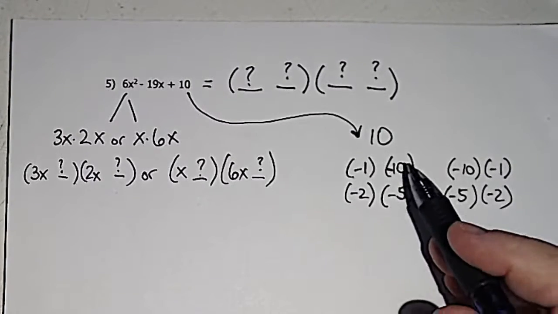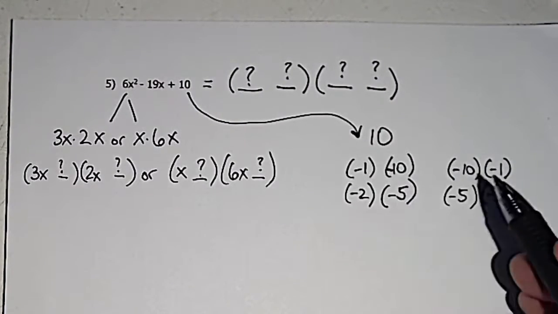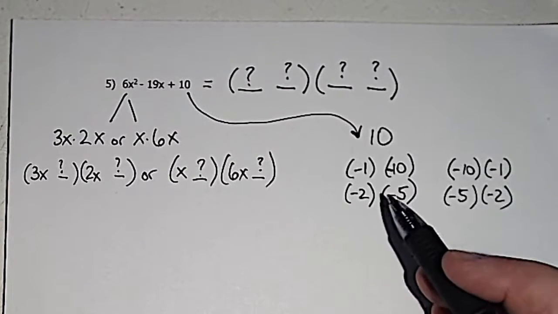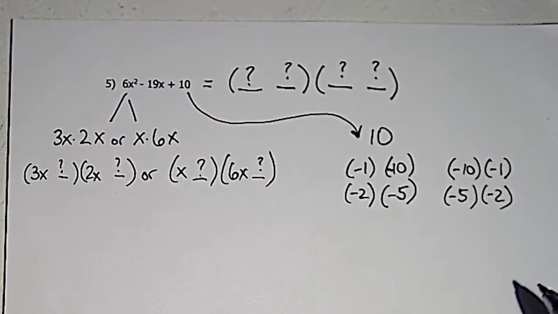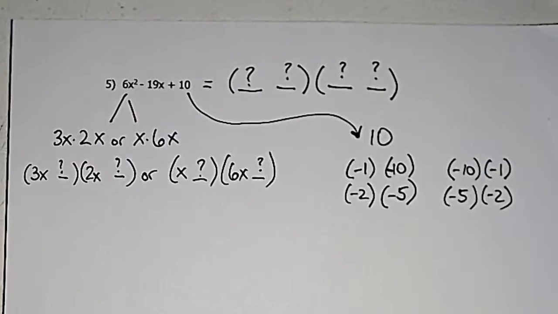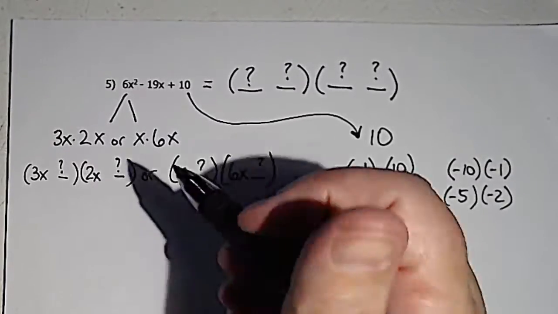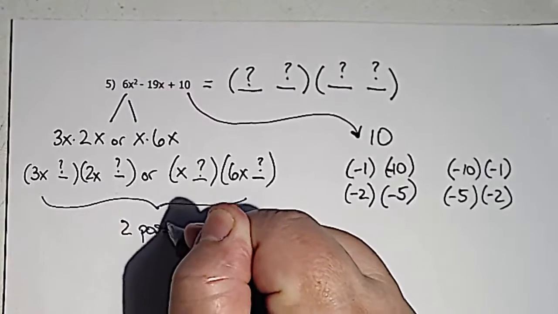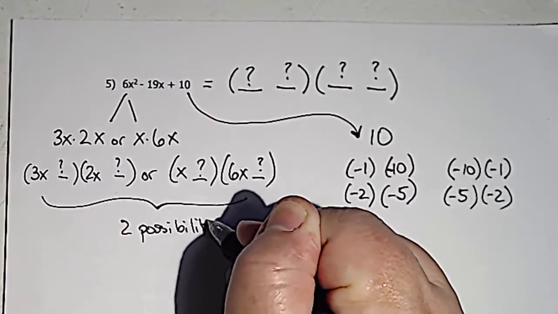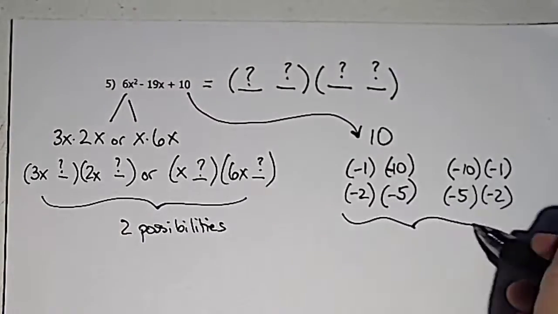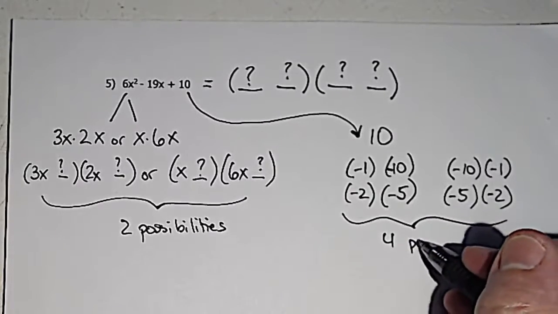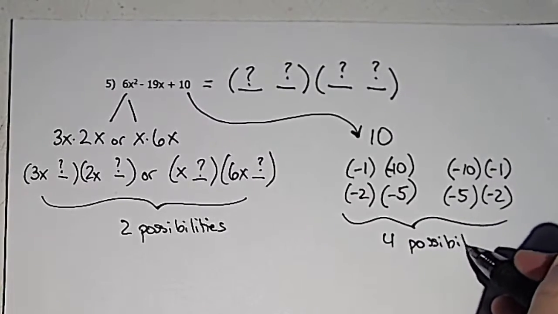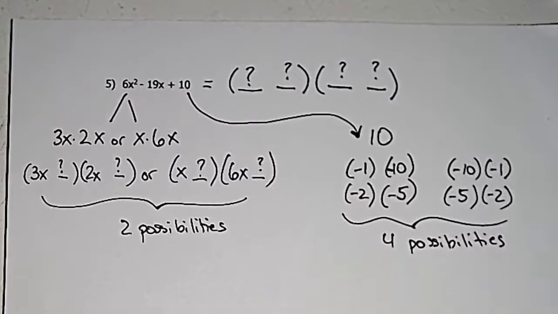So each of these two possibilities is actually turning into 4 possibilities. That was very exciting. And so I've got 2 possibilities over here and 4 possibilities over here, and altogether, 2 times 4 is going to give me 8.